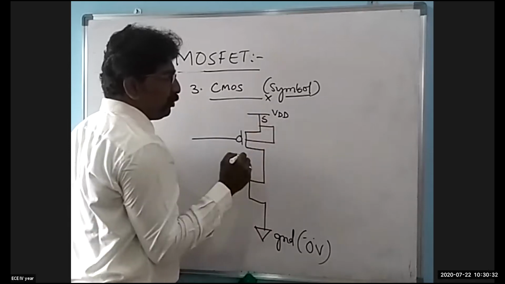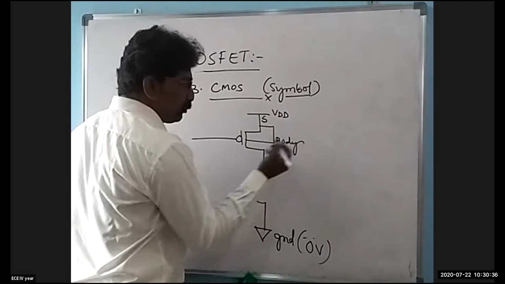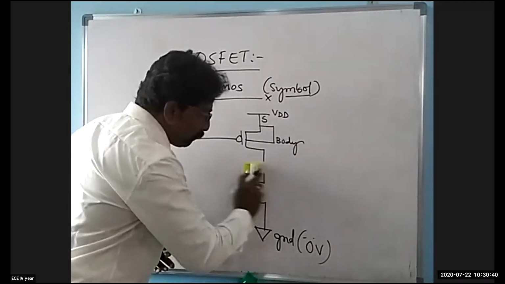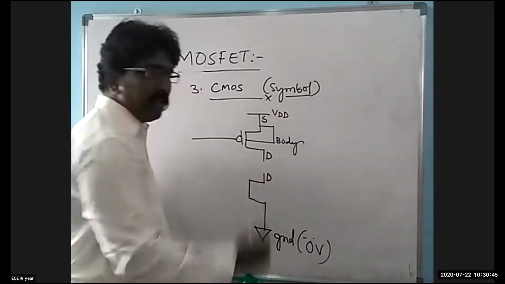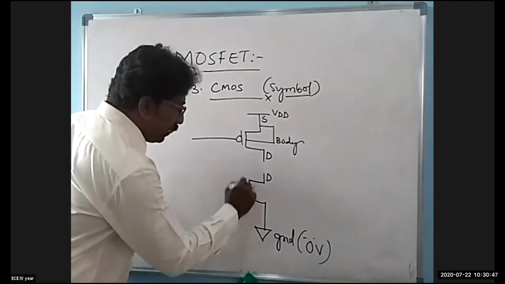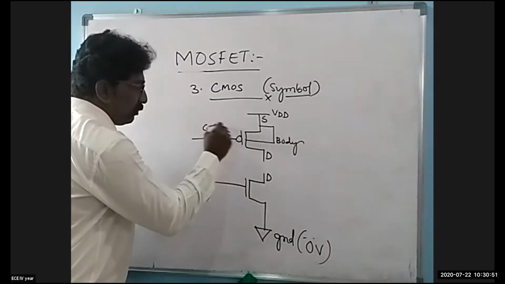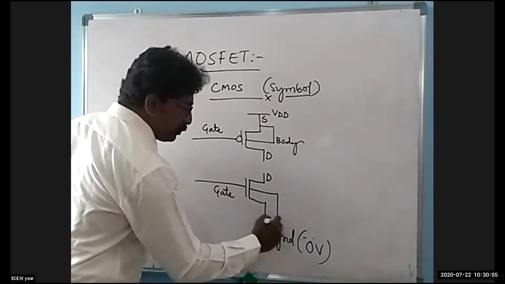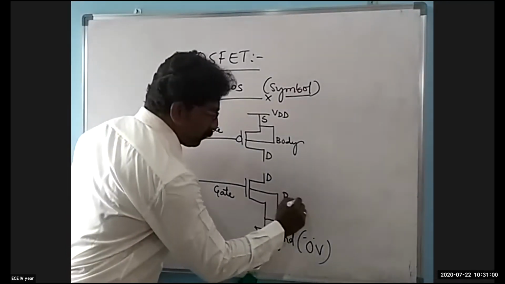This is your source, denoted by S, and this is your body or substrate. This part is the drain of the pMOS, and this is the drain of the nMOS. This is the gate terminal of the pMOS, the gate terminal of the nMOS, and this is the substrate or body of the nMOS.